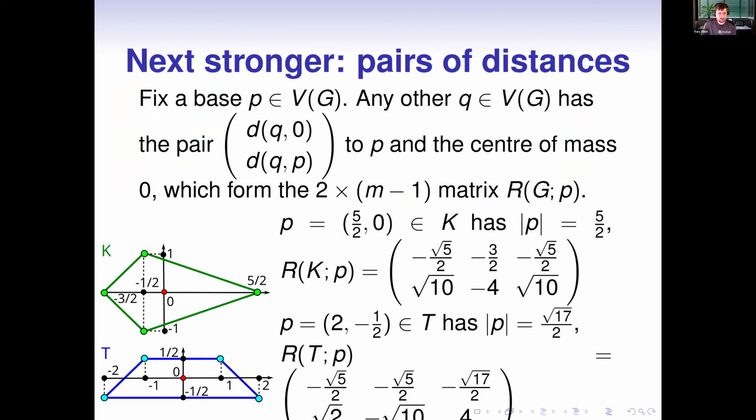And from the PDD, we move to a stronger invariant. Here we fix a base point P, and for every point we write an unordered pair: the distance from the point to the center of mass of the point cloud, and also from this point to the point P that we have fixed.